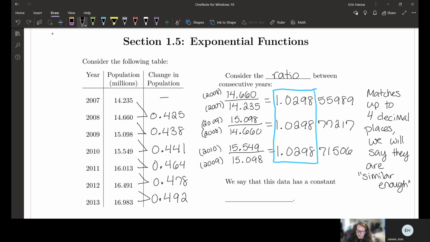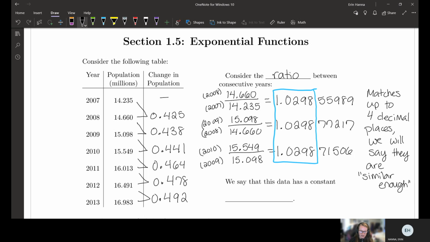Now here, if you think about it, these populations might be rounded because they also are cut off as a decimal. So if we had the full population here, maybe these would match completely. But since they match up to 4 decimal places, that's pretty decent enough to say that they're essentially the same value, right? They're very close to being the same decimal.